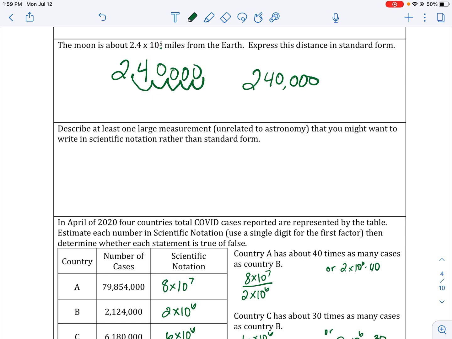A lot of times that's in scientific notation. So when we talk about athletes' salaries, you'll often hear that they signed a contract worth $3.25 million. That is scientific notation. That's how much money they are set to make.